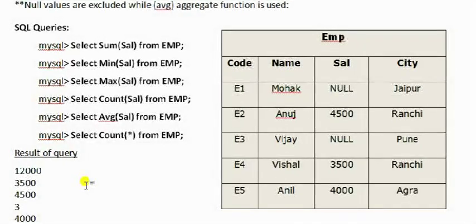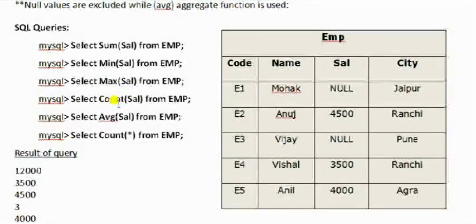So the minimum salary among these is 3500, so 3500 is coming. Next, maximum salary of 4500, 4500 is coming on the max salary.